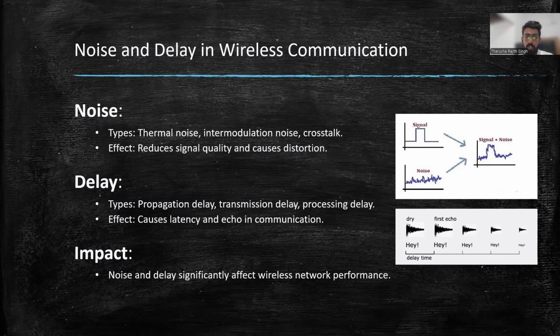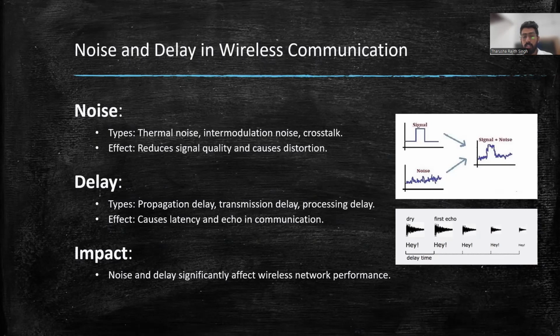This is particularly problematic in voice communication, where echoes can make conversation difficult to understand. Now, the impact of noise and delays. Noise and delay can significantly degrade the performance of a wireless network.